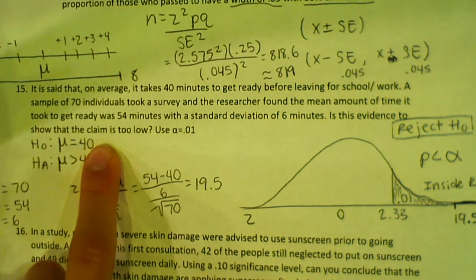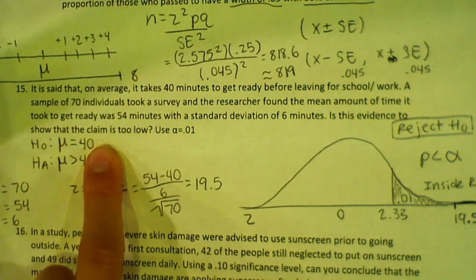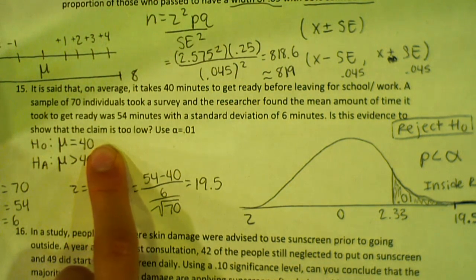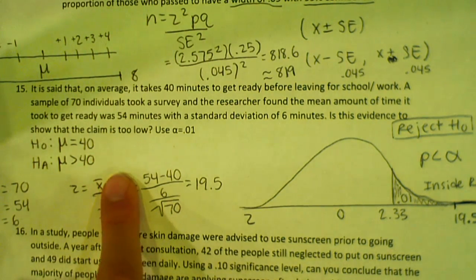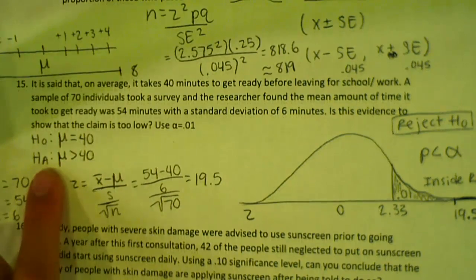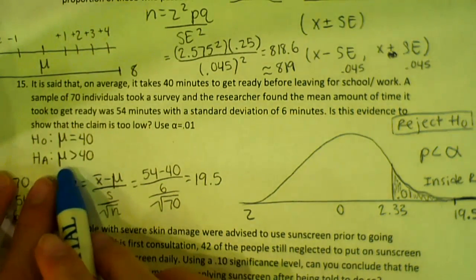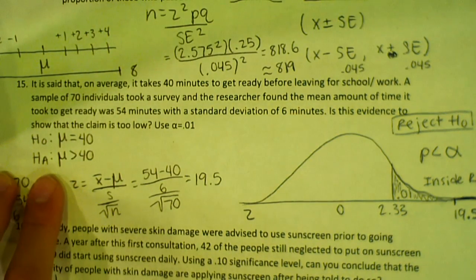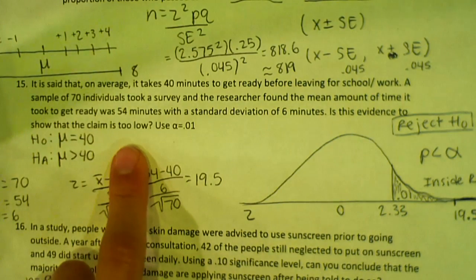That's why when we're testing, we want to see if the mean is greater, if that kind of makes sense. Because if this alternative was correct, that the mean was greater than 40, then that would be evidence to show that it's too low. Does that kind of make sense?